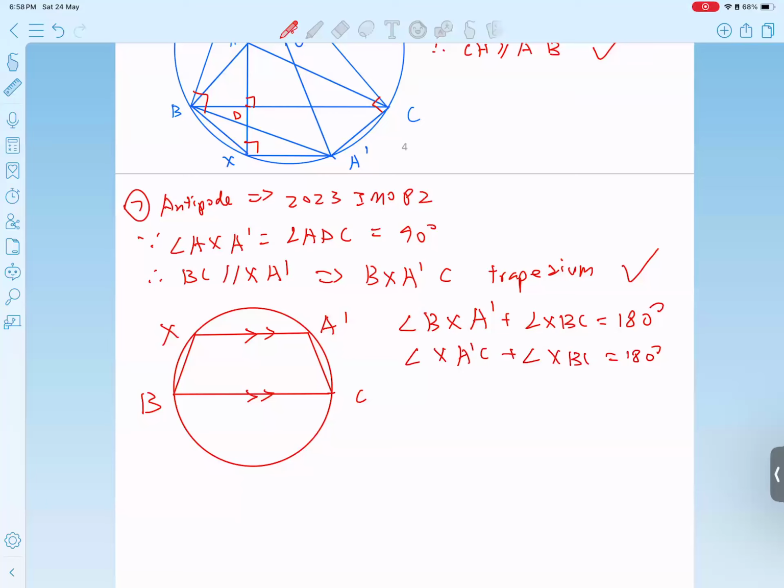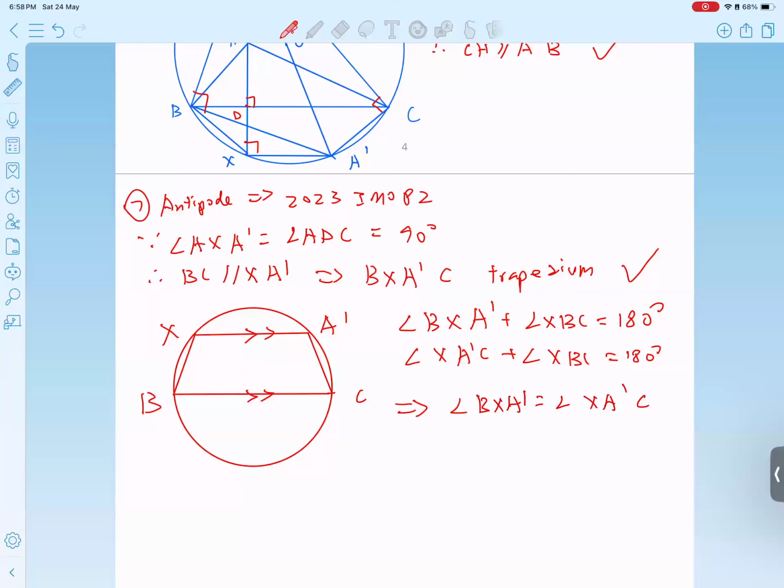The first one is because of parallel lines, the second one is because of cyclic quadrilaterals, and you can easily get angle XBC equals angle A dash C, right? Well, angle BXA dash equals angle XA dash C, and then we're done.